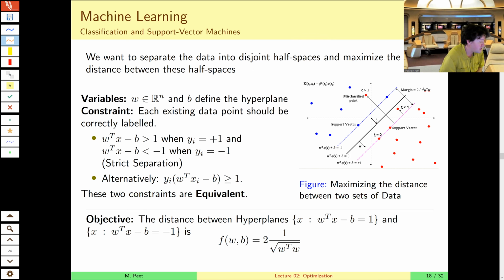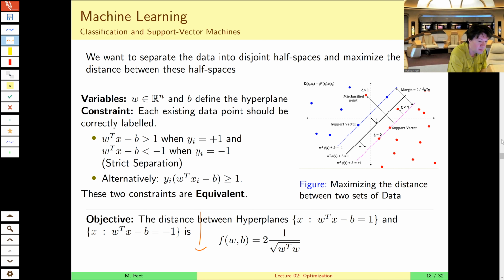So that's the optimization problem, and we'd also like to, of course, have an objective. And the objective is to maximize the distance between the data above and below. So let's look at the constraints. We'll talk about the objective in a second.